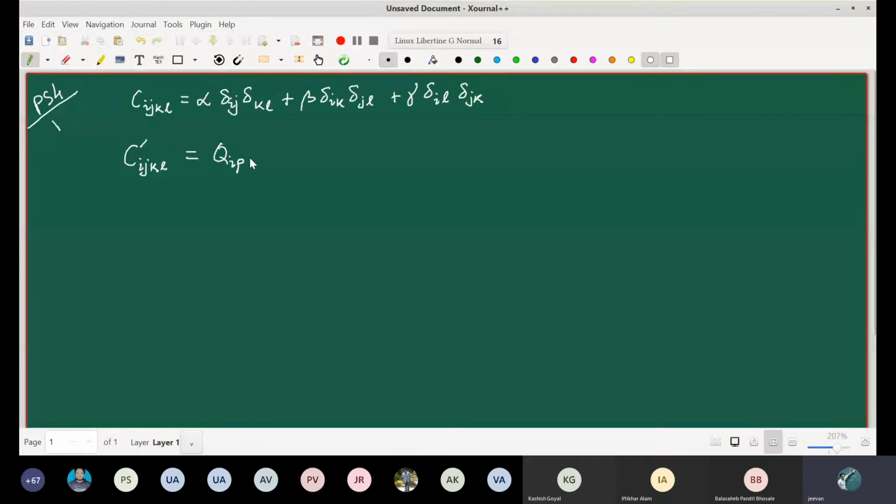Because we are dealing with a fourth order tensor, the transformation rule will involve 4 rotation tensor terms. Let me write this down. It will make sense in a moment.